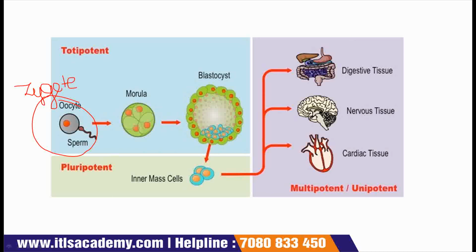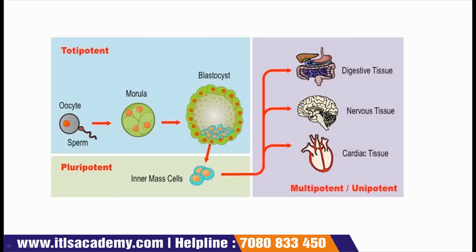This zygote then gives rise to the morula, and after many stages, this morula forms the blastocyst. You can see this is the blastocyst and it implants into the uterus for further development. After the development, this blastocyst grows and forms a complete embryo, and that embryo in the upcoming time will form the entire body.